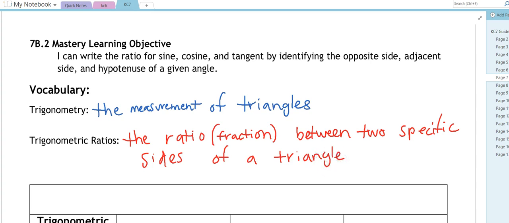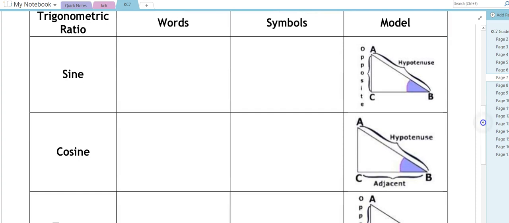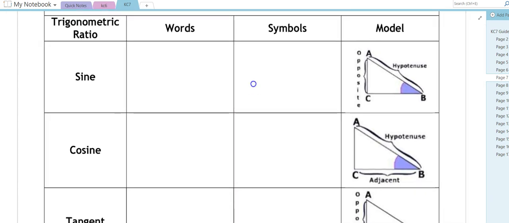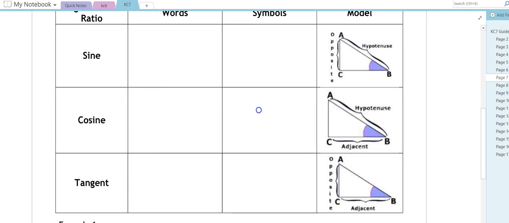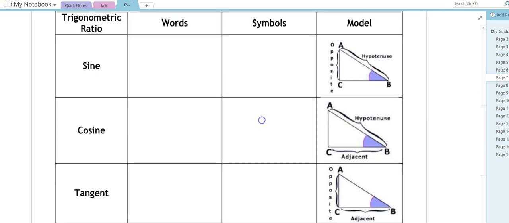Alright, so below we have this little table here, and we have these trigonometric ratios, sine, cosine, and tangent, and then we see that there's words, symbols, and then a little triangle here. So I'm going to zoom out so we see all three at the same time.